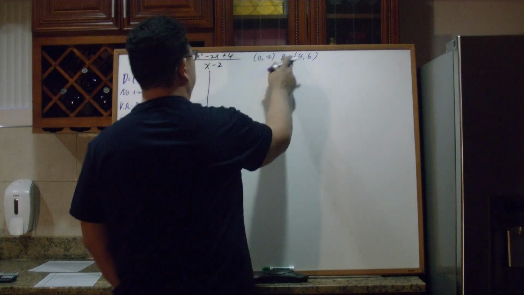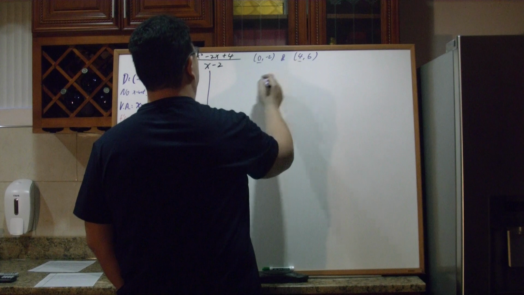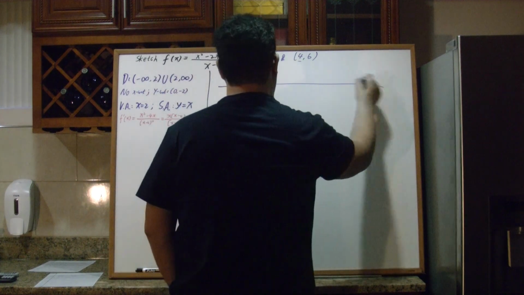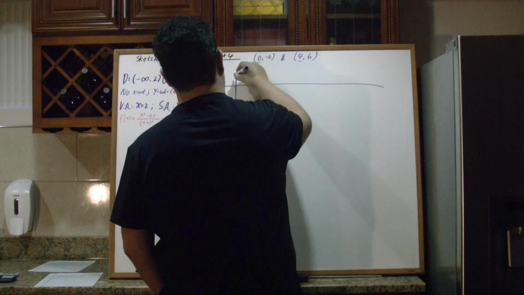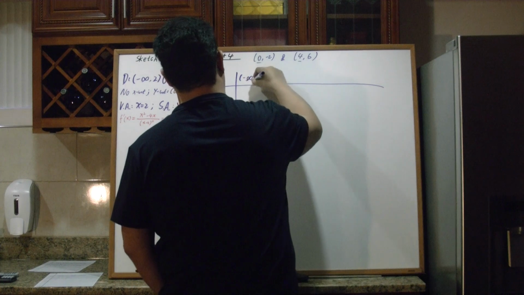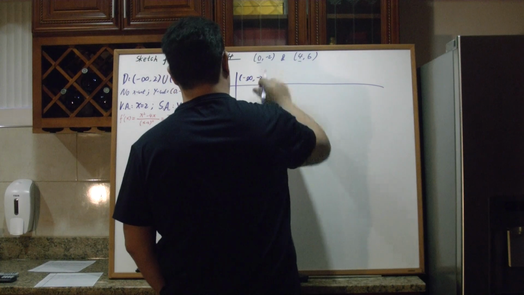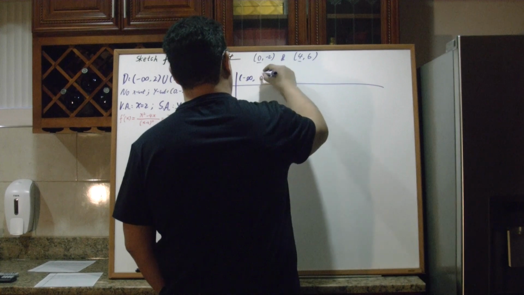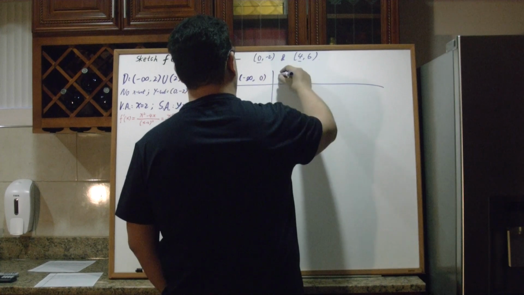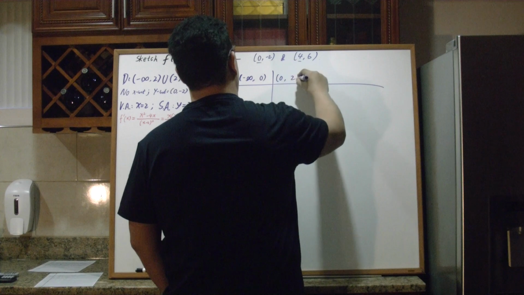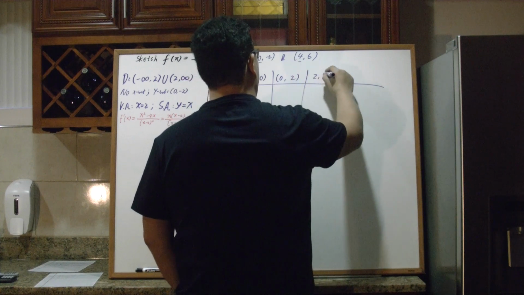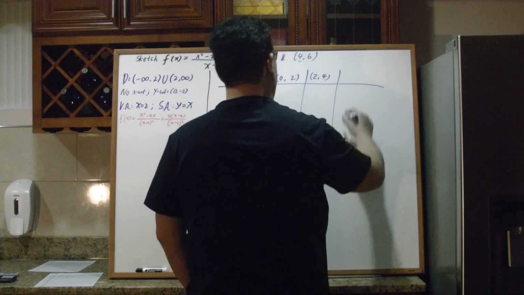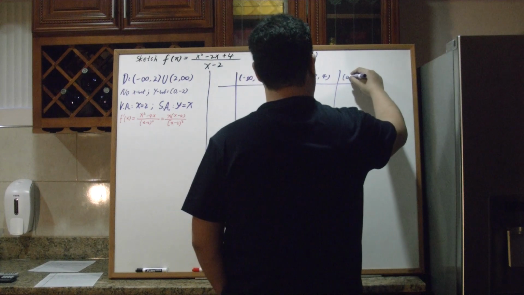So we have 0 and 4 to be critical numbers. Therefore, we need to break our intervals, right, from negative infinity to 0, the first critical number, cutting the domain, right, 0 to 2, and 2 to 4, then 4 to infinity.